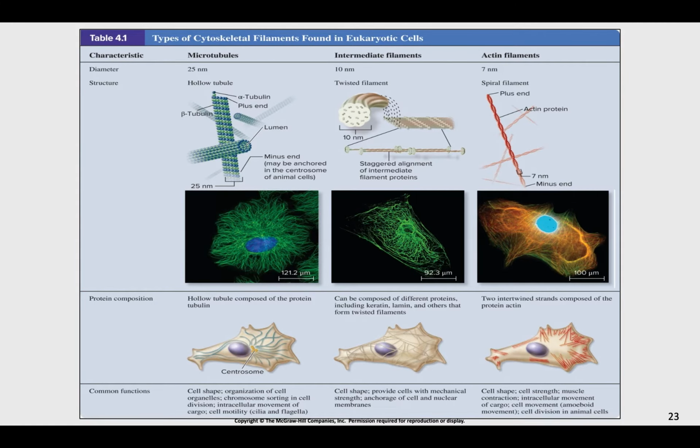Here's an image of all three that we just talked about, so you can visualize. The microtubules are hollow, thick, and polar, with a plus end and a negative end, and they're made out of tubulin. We can see them highlighted in this fluorescent microscopy down below. The intermediate filaments are very rope-like and twisted about.